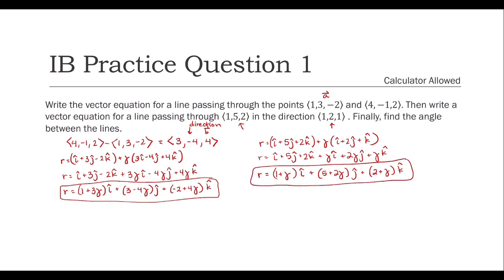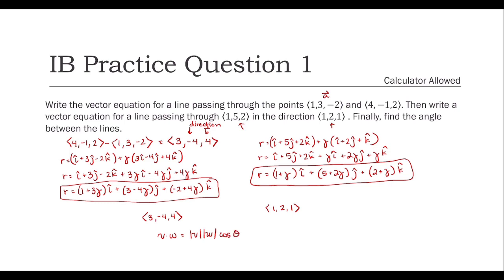And finally, we need to find the angle between the lines. So we'll use our direction vectors, 3, negative 4, 4, and then 1, 2, 1. So v dot w should equal the magnitude of v times the magnitude of w times the cosine of theta.